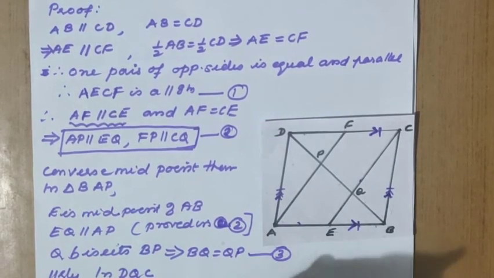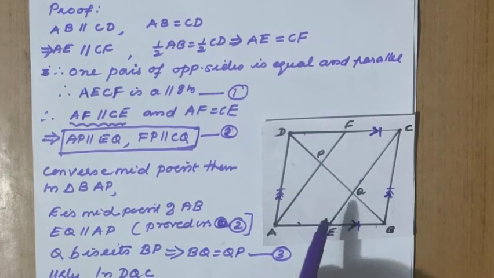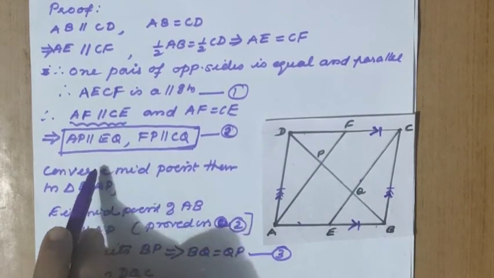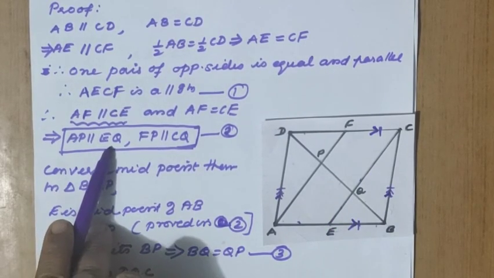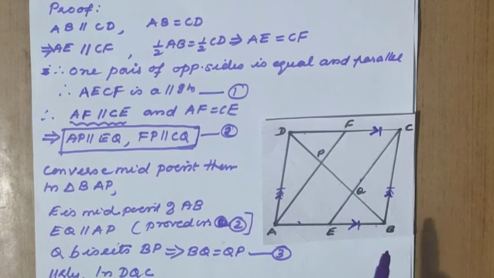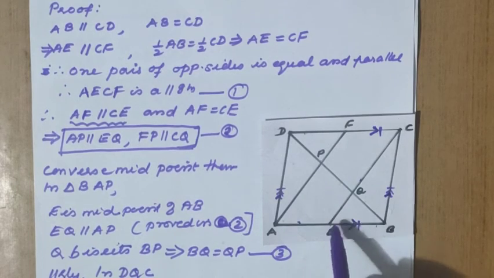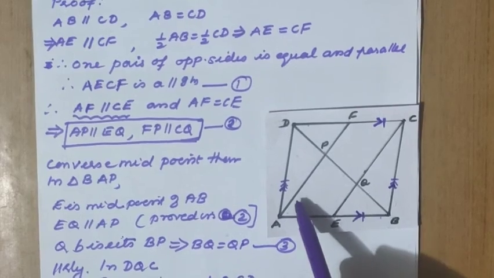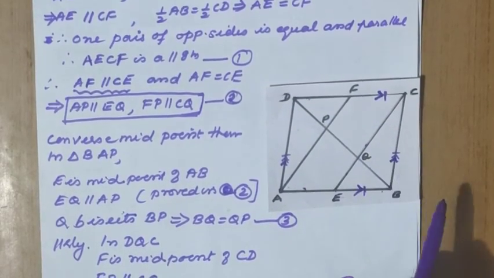Once you have proved a parallelogram, only then can we apply this parallel property. We have proved one pair, and the other pair is parallel by the result of this. It is not given in the question. So once we have proved the parallelogram AECF, AF is also parallel to CE, and we can write AP parallel to EQ and FP parallel to CQ.